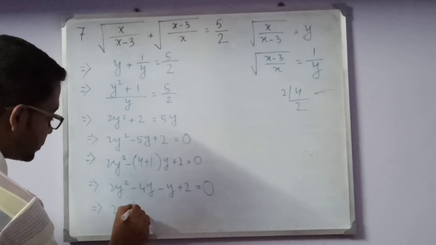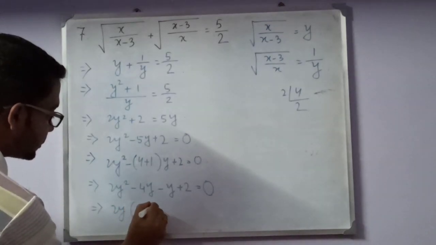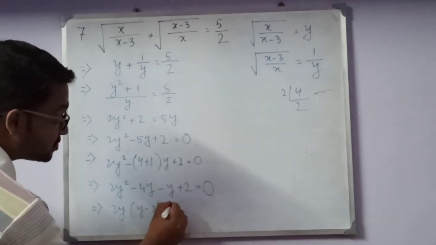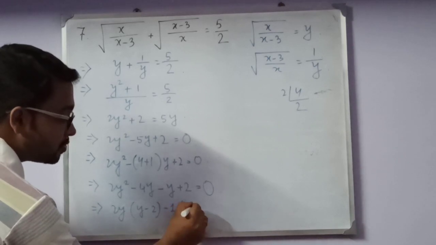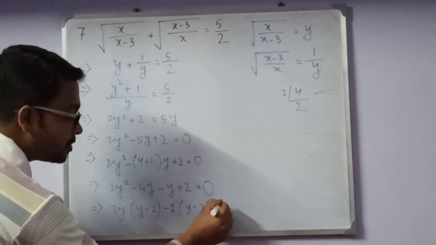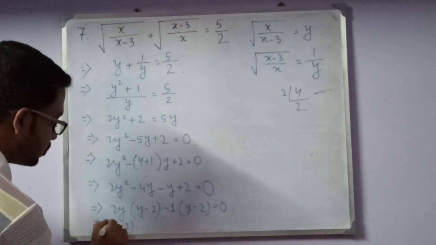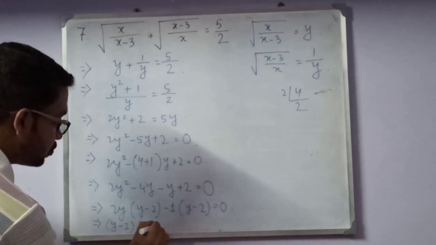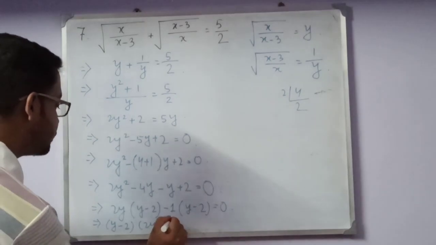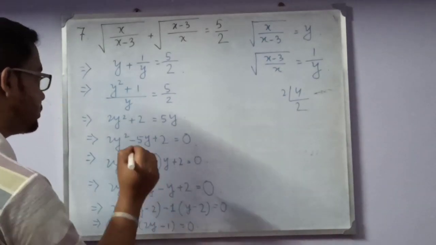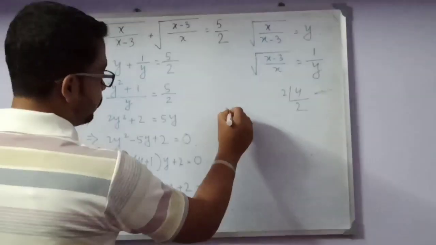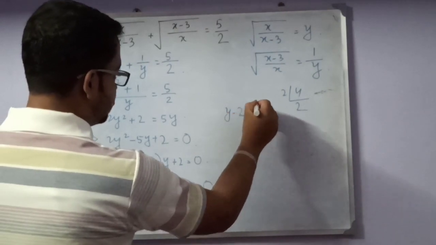2y as my common. So y minus 2 and here minus 1 is common. So we have found y minus 2 and 2y minus 1 is equal to 0. So we can write y minus 2 is equal to 0.